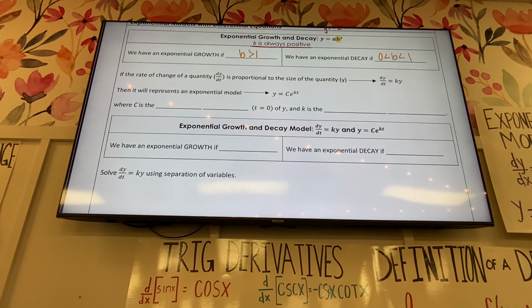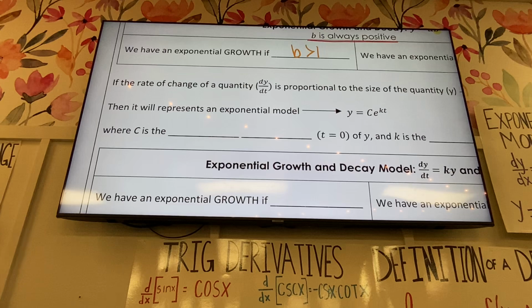Now, like I told you a couple seconds ago, we are going to be looking at a specific differential. The differential where the rate of change of your quantity, which is dy/dt, is proportional to the quantity.